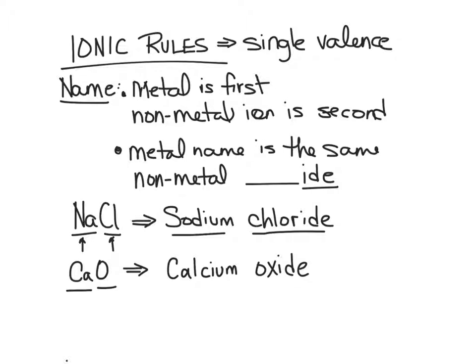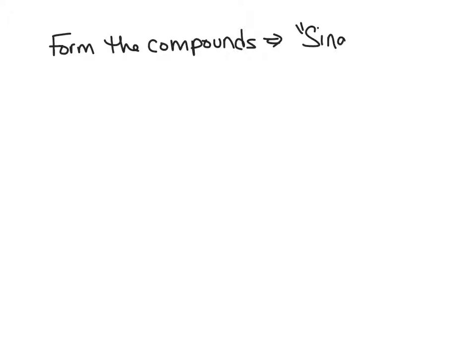Now let's form the compounds. Okay, let's form the compounds. Okay? And remember, we're talking single valence here. Make sure you have a periodic table of ions in front of you because you want to be able to look at these things, okay?